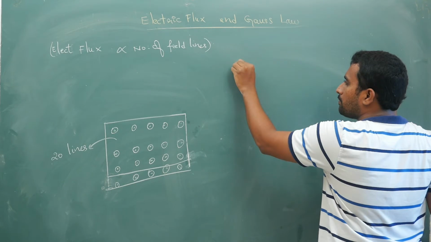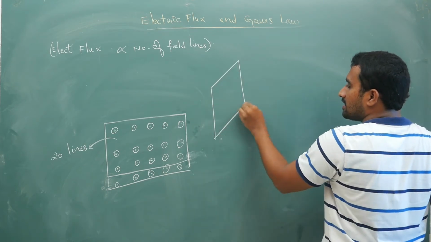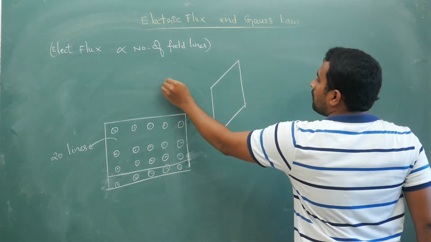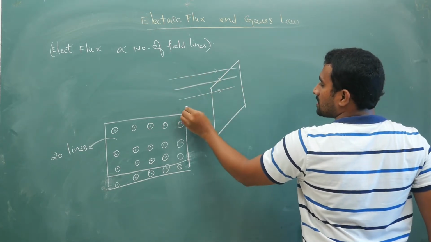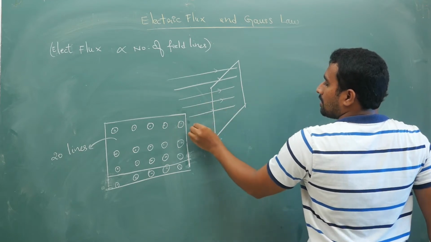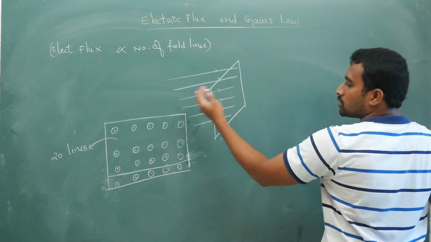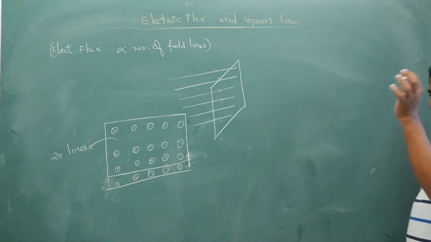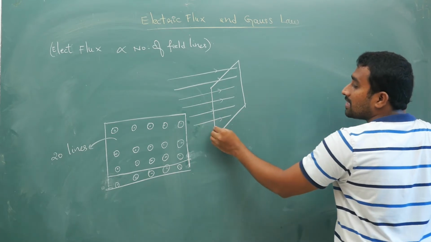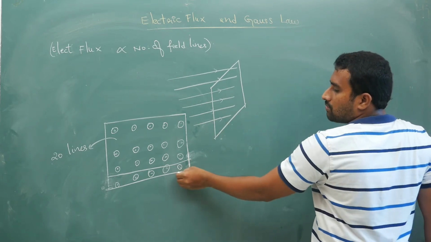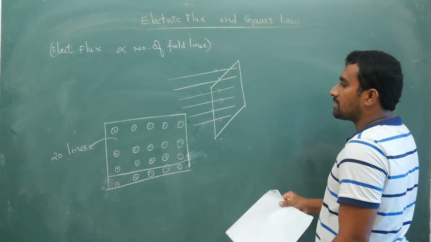So here my point is, if you have a cross section like this, and initially field lines are going like this, totally 20 lines are going like this. I am showing the side view, front view. So here how many lines are going through this? Let us say 20 lines. But if I am slightly tilting it upwards, fewer lines are going.